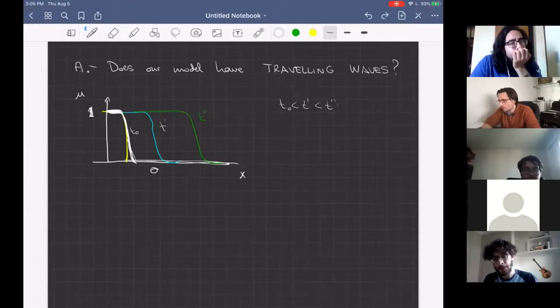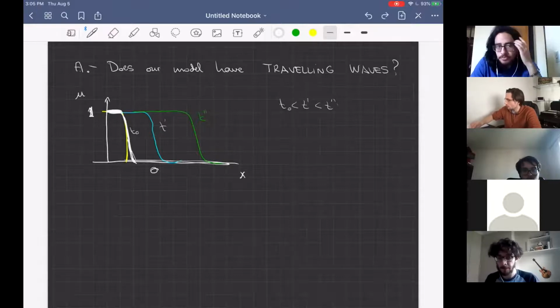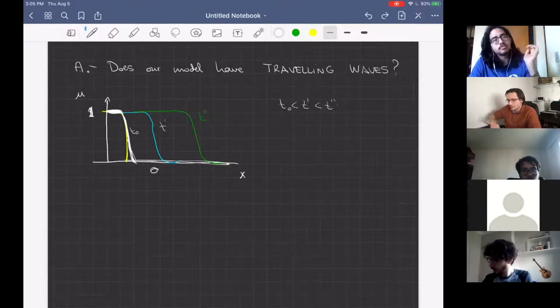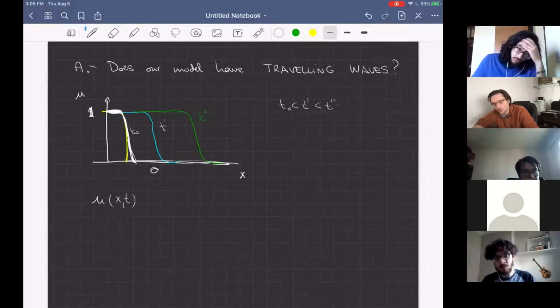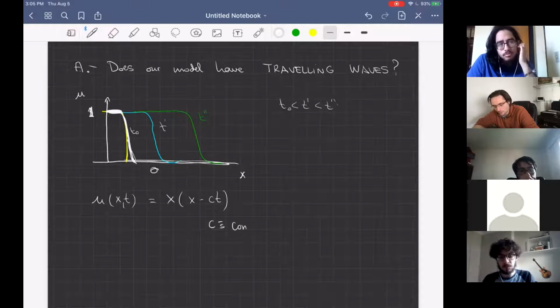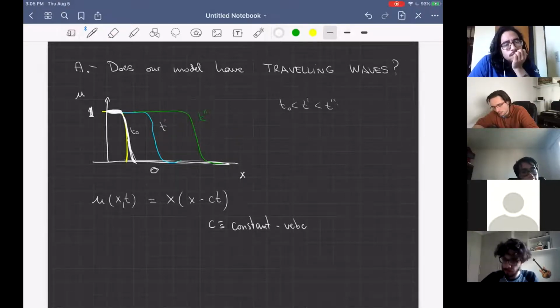The way I am going to look for these solutions is by using what is called an ansatz for this equation. Without using jargon, which sometimes makes things hard to understand, what I'm going to ask is if my solution u of x,t can be written in a way where I have this translation symmetry, where c is some constant velocity.